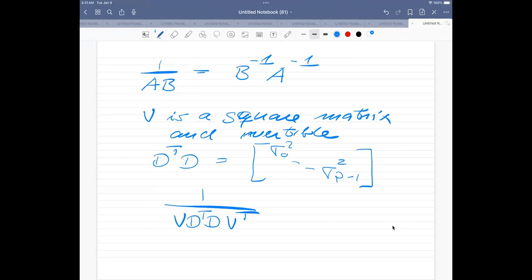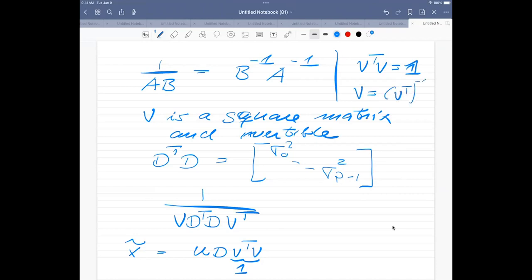So when I place everything in here, I get that this X tilde is given by U D V transpose times V. Remember, let me give you another thing here so that you have everything. Since we have V transpose V equal to the identity matrix, that means that V is simply given by the transpose inverse here.